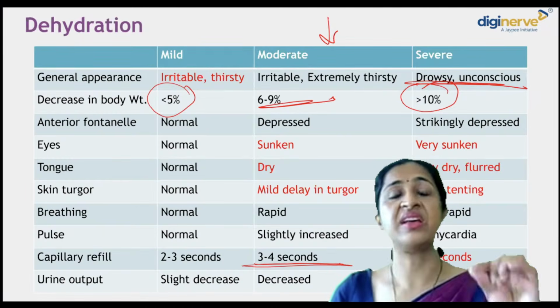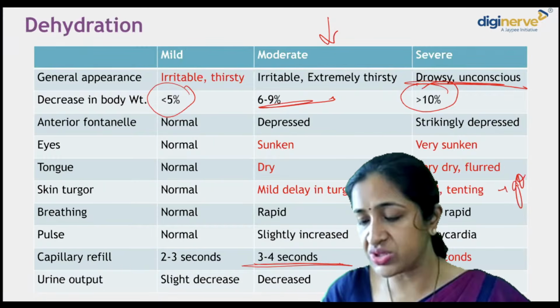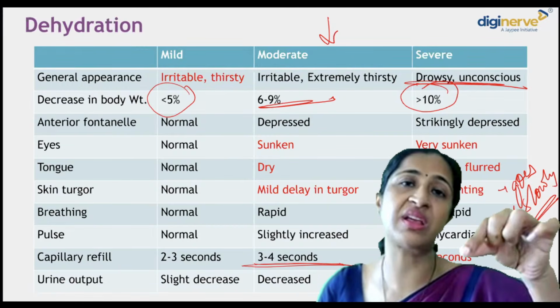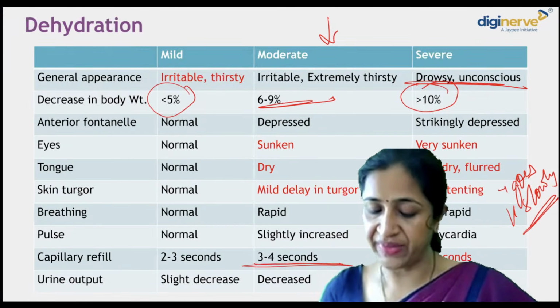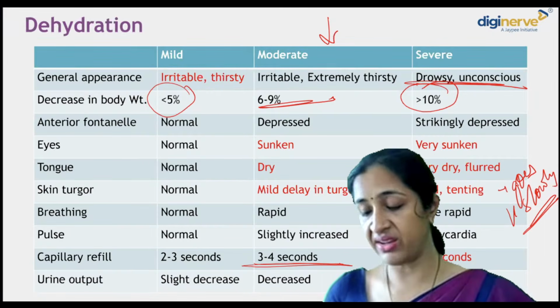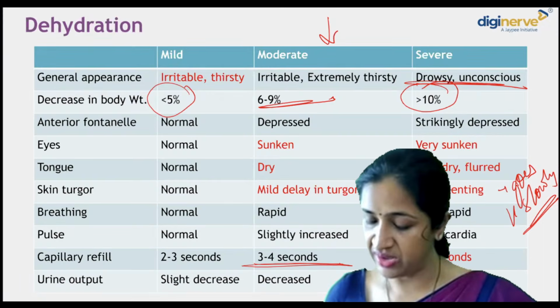Skin turgor is very poor. Tenting, when we say tenting, means the skin pinch goes back very slowly, or it gets stuck like that, like a tent. Breathing is rapid, there is distinct tachycardia, capillary refill is more than 4 seconds. You may have oliguria or anuria.